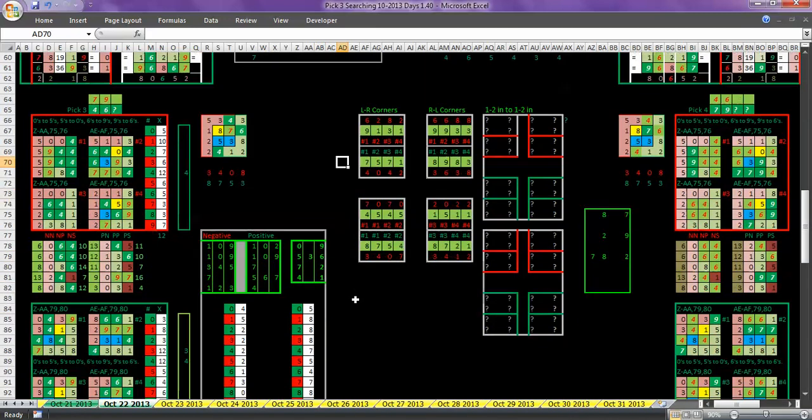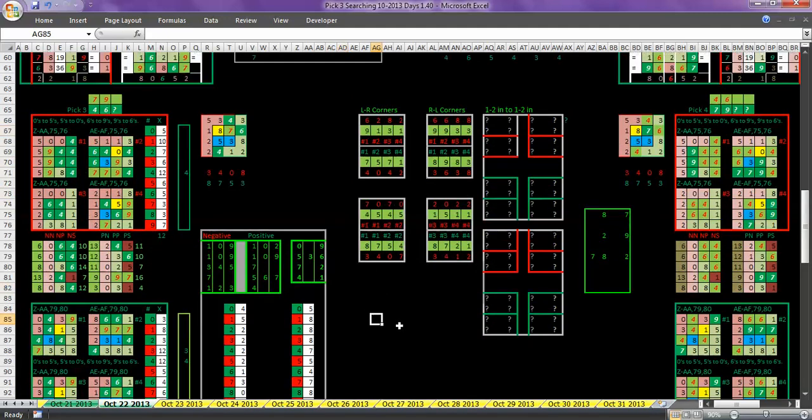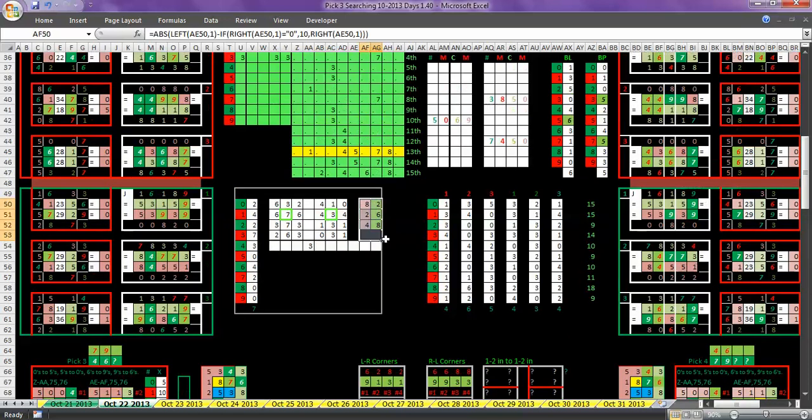Okay, that's changed our pattern up down here. But let's look at these numbers here: 4 8 2 6 8 2. We've got now these numbers have changed too.